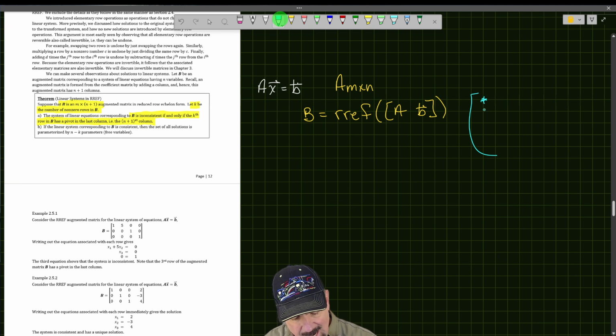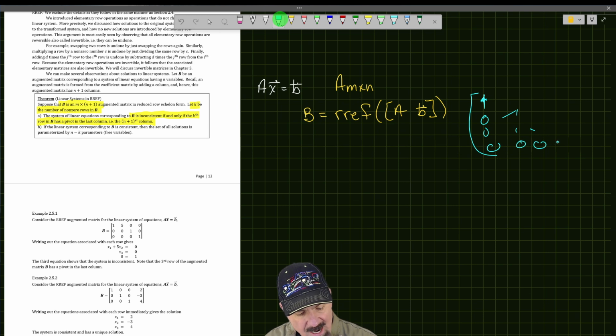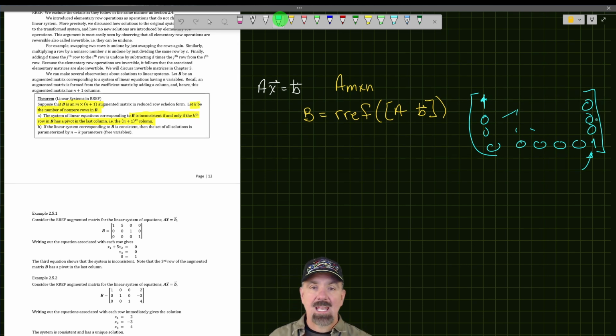Whatever's happened up here, and we, of course, are going to start with a leading 1 and a bunch of zeros, the only way that I have an inconsistent system is if the pivot in the last column is down here in the last row. If my last pivot is somewhere inside of that, then I have a consistent system.